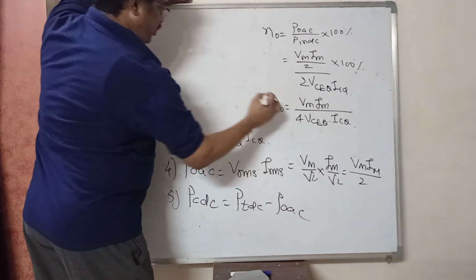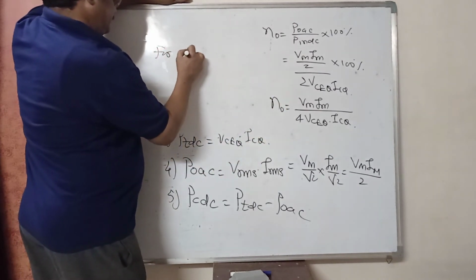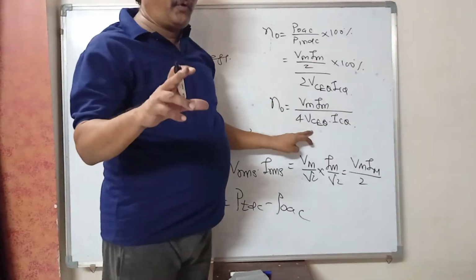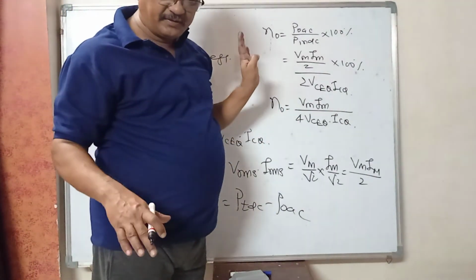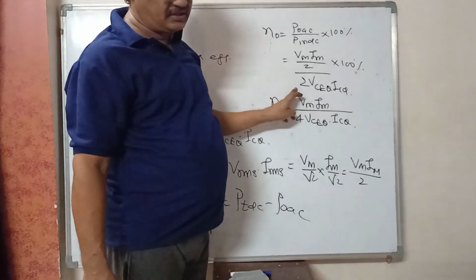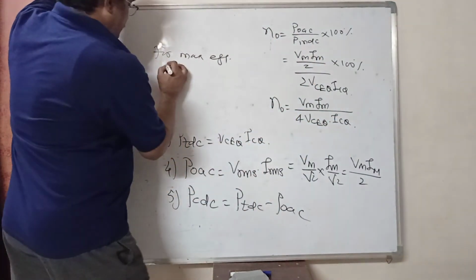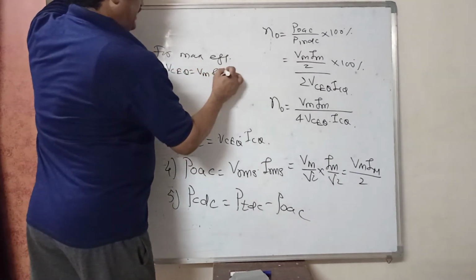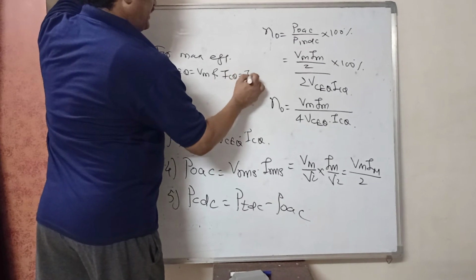For maximum efficiency, the Q point shifts up to the maximum level, which means VCEQ will be equal to Vm and ICQ will be equal to Im.